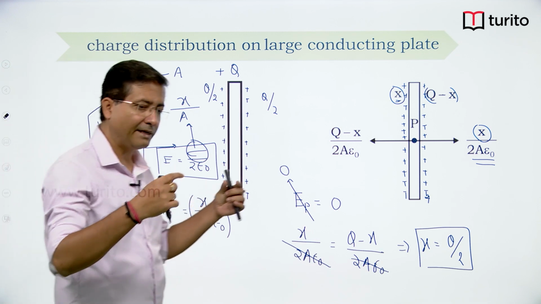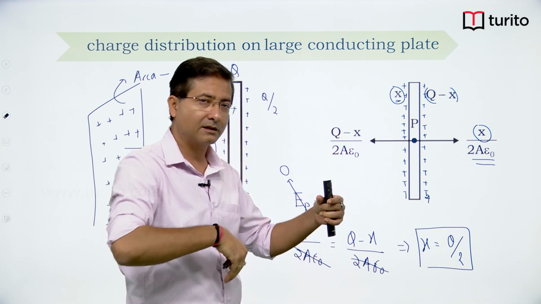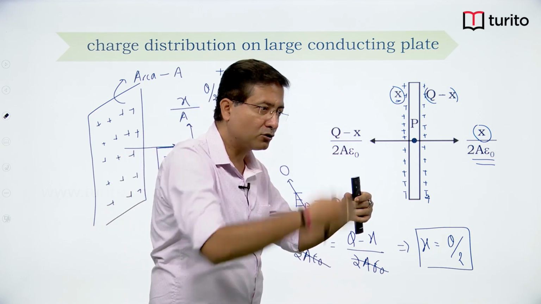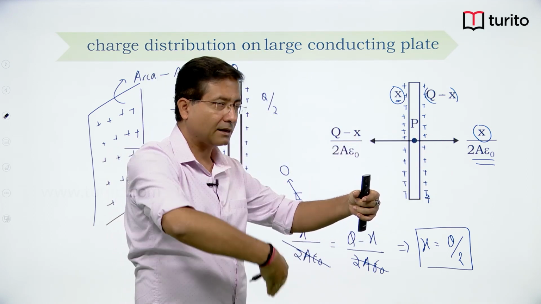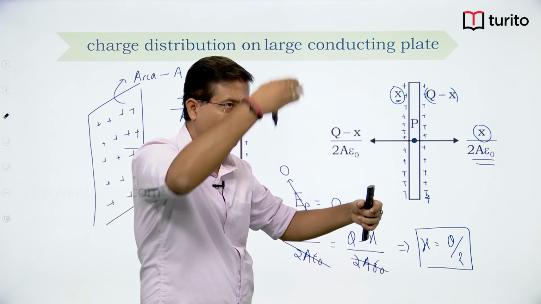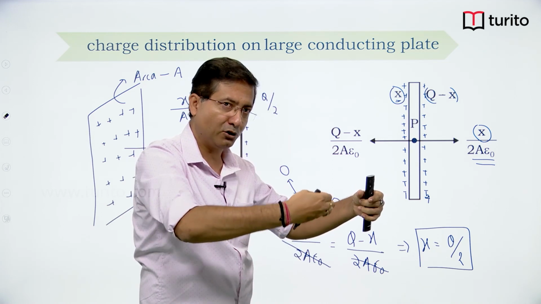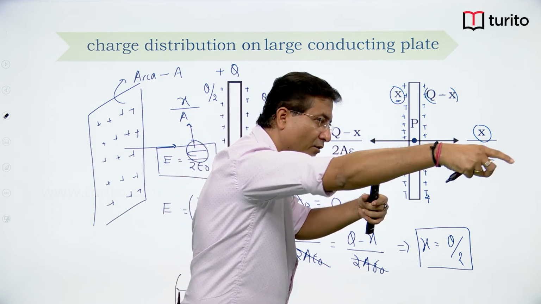The plate will have two surfaces, one this side and another this side. Whatever charge is on this side surface will produce field in this direction as well as this direction. Similarly, if I put a plate in front of me, the surface I am facing, whatever charge it contains, will produce field towards me, and on the other side it will be away from me.